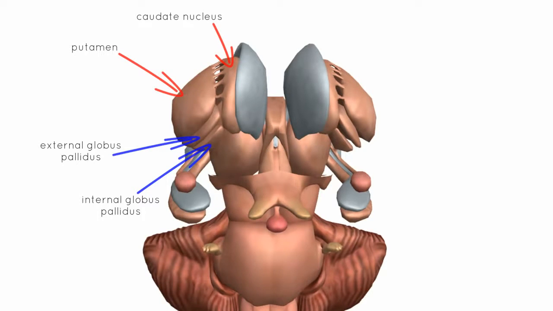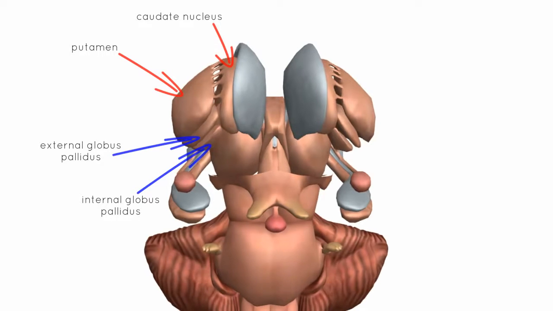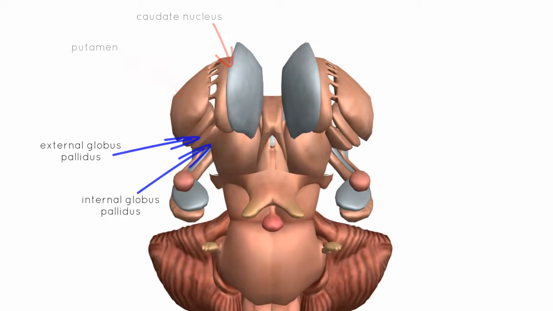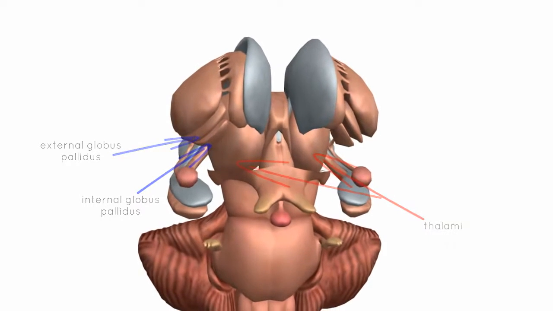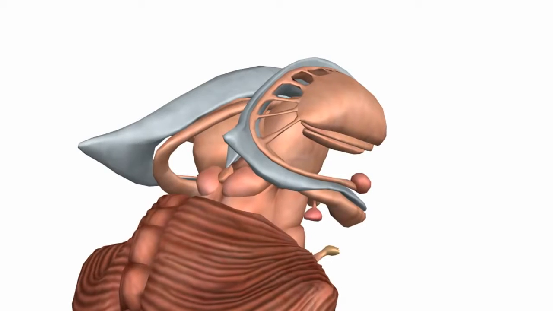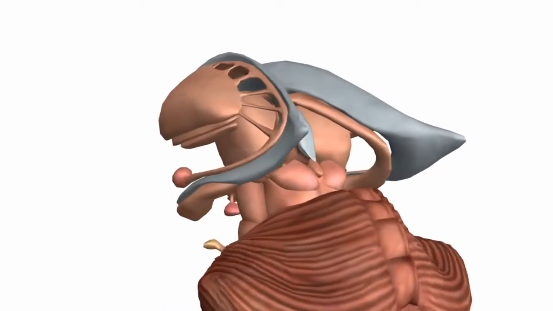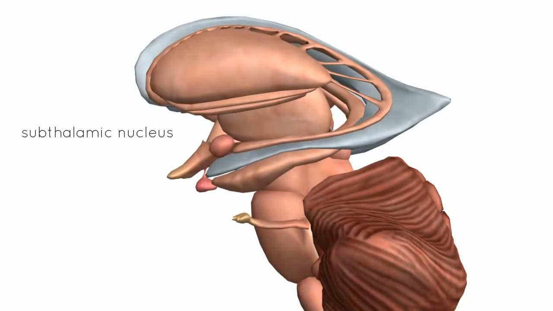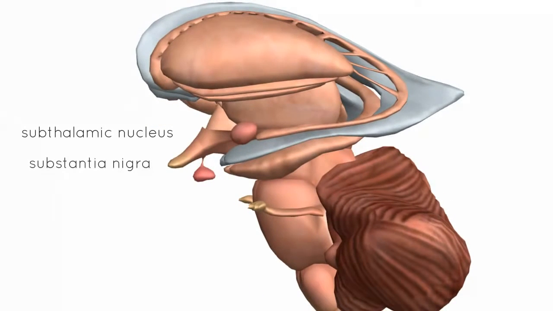From this anterior view, you can see structures from the diencephalon, the thalami. These sit medial to the globus pallidus. There are also two other components of the basal ganglia, the subthalamic nucleus and the substantia nigra, which I'll show you in another tutorial.